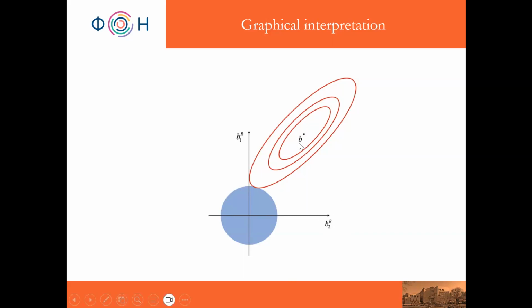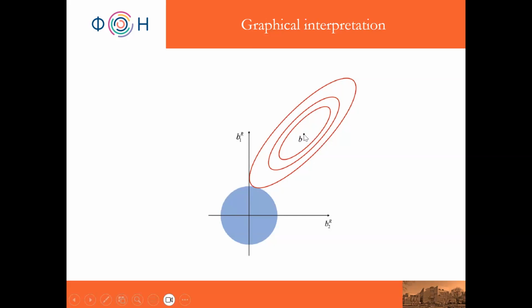This point here, B, is the point with coordinates of our estimates beta 1 and beta 2 if we are using OLS. So this point here, B, is the point with coordinates of estimates which we received after using the ordinary least squares.